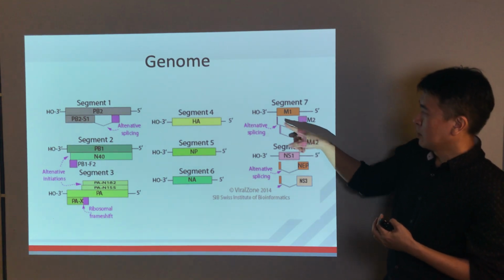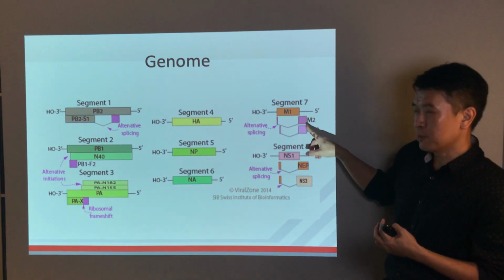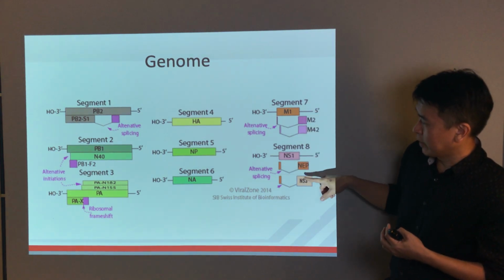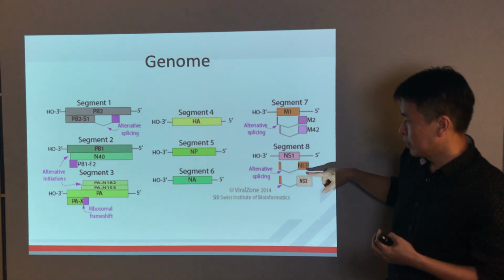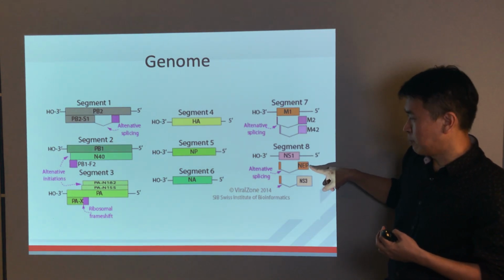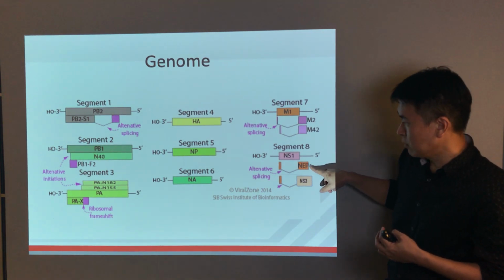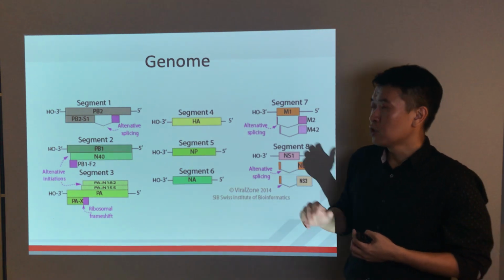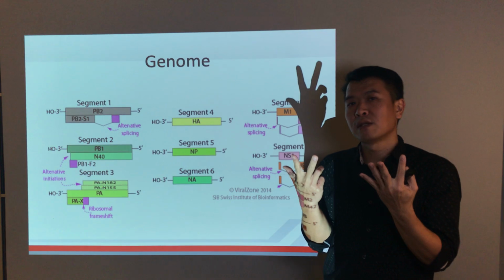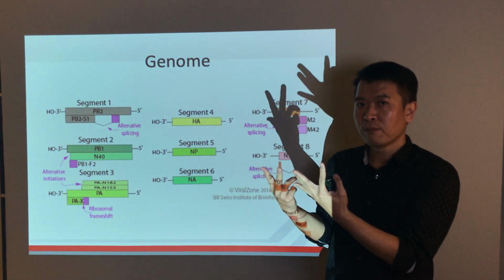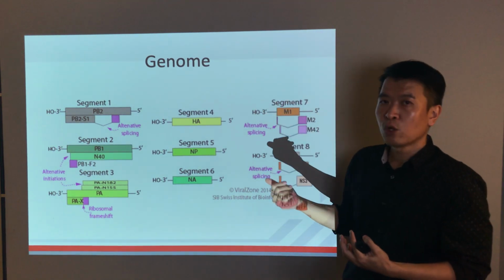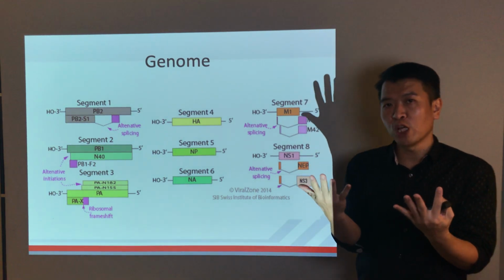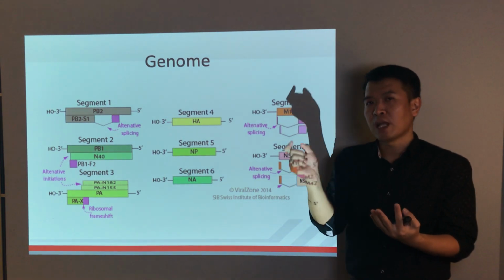So 3 mRNA are produced by segment 7 and 3 produced by segment 8. So we have NS1, NS2 or NEP, nuclear export protein, and NS3. Alright, so the original 8 segments produce 8 mRNA, then using splicing we produce an additional 5 mRNA. So in total we have already produced 13 mRNA.